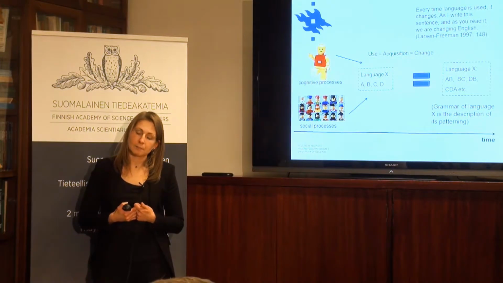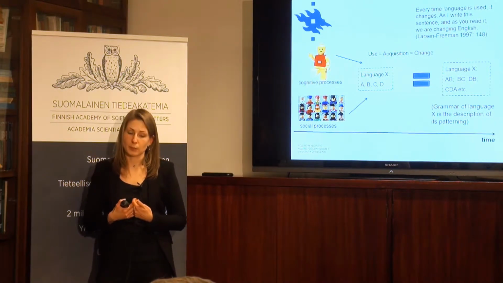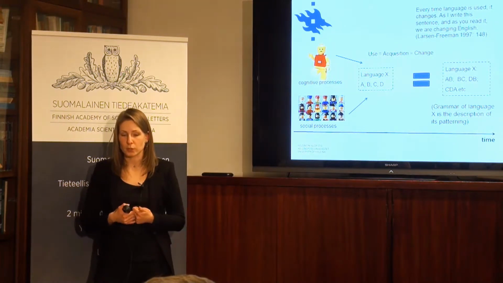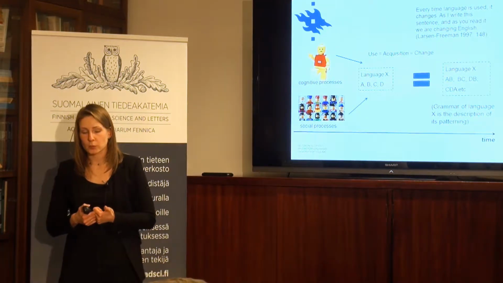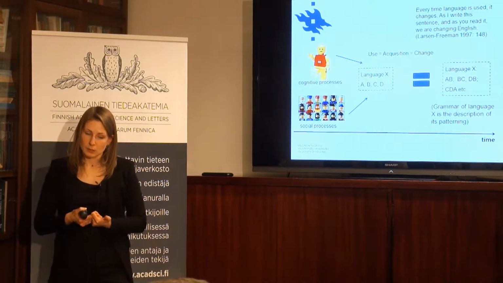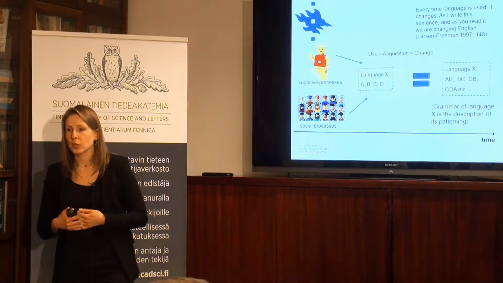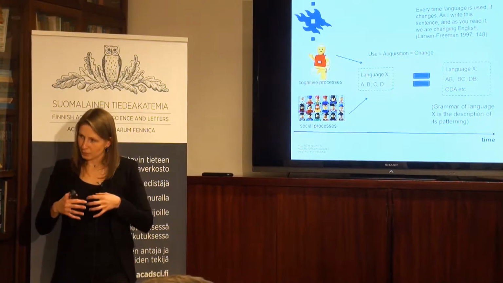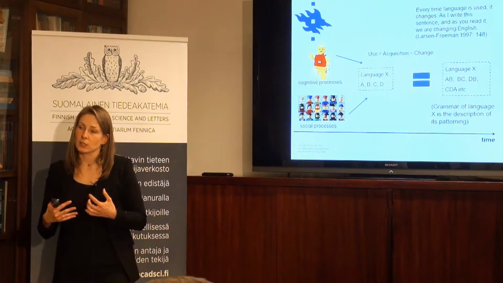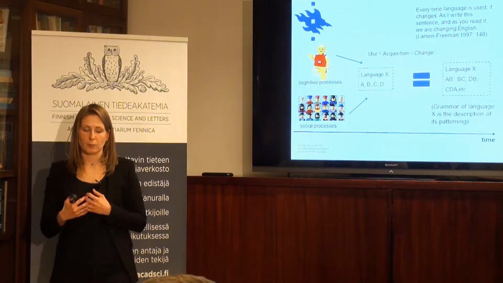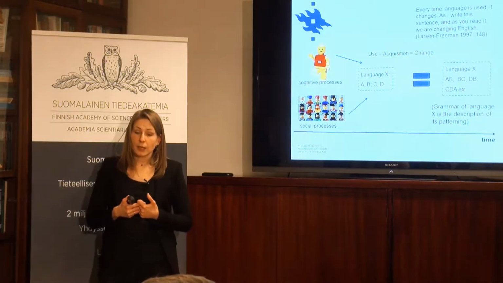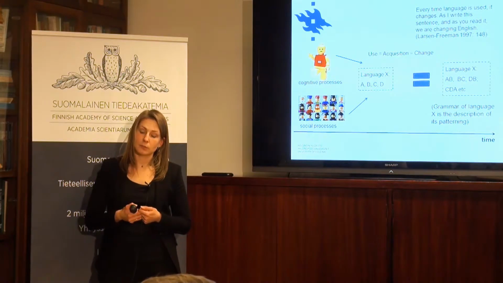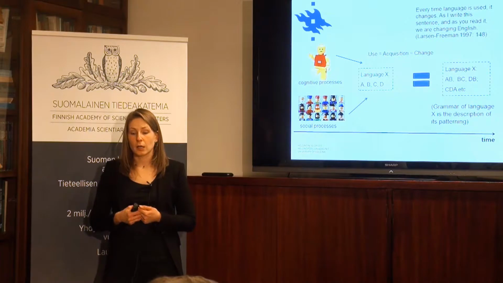This is partly explained by the cognitive processes, and one of them is sequential processing, and it means that something that we use together gets fixed into a certain kind of pattern. And again, if we then return to grammar and our conception of grammar, the grammar of a language is the description of its patterning.